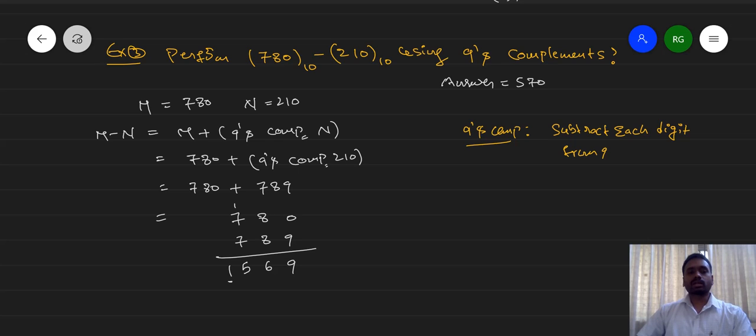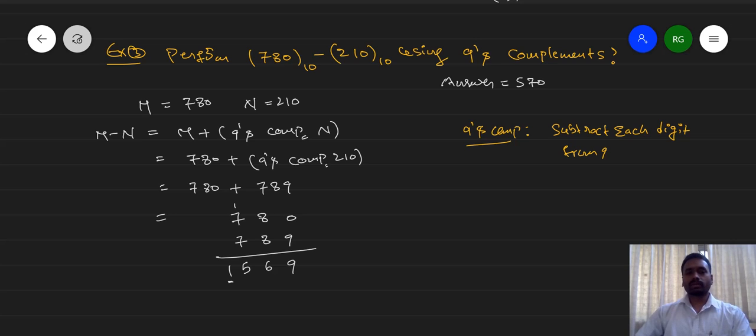This extra 1 is called the carry, because we added two decimal numbers, each of 3 digits. You can see 780 is a 3 digit number, 789 is also a 3 digit number, and we expect the result to be 3 digits too, but the result is 4 digits, 1569. So the extra digit on the left hand side is called the carry, right?